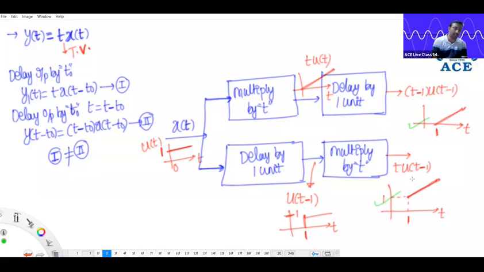If you fail mathematically, you can check graphically by taking the system operation. In this example, the system operation is multiply by t.